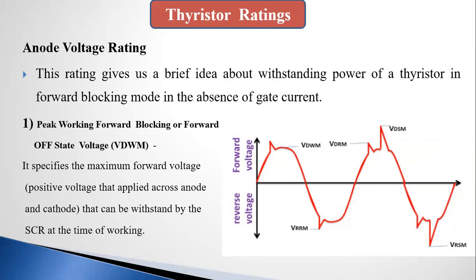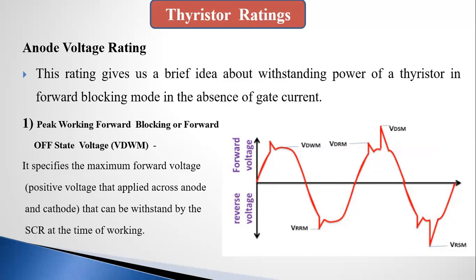In this voltage rating, the peak working forward blocking or forward off-state voltage specifies the maximum forward voltage, that means positive voltage applied across anode and cathode, that can be withstood by the SCR at the time of working. These are the meaning of the anode voltage rating, or we can say VDWM.